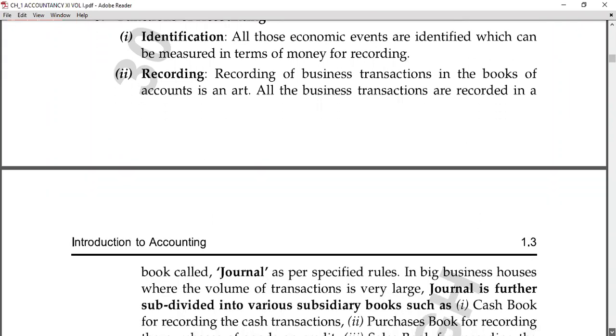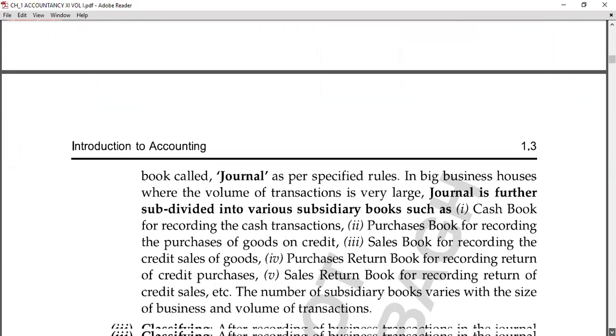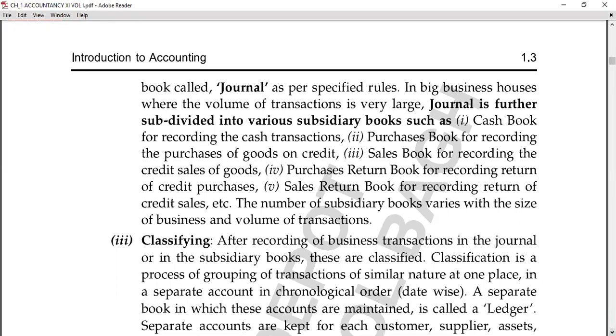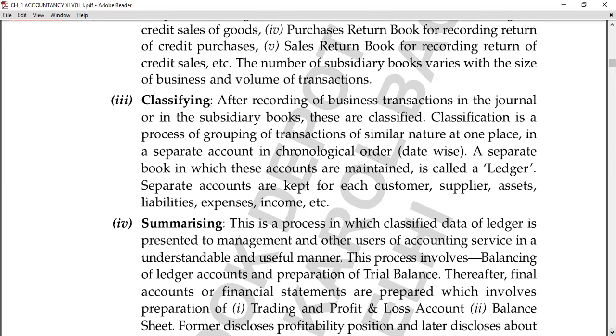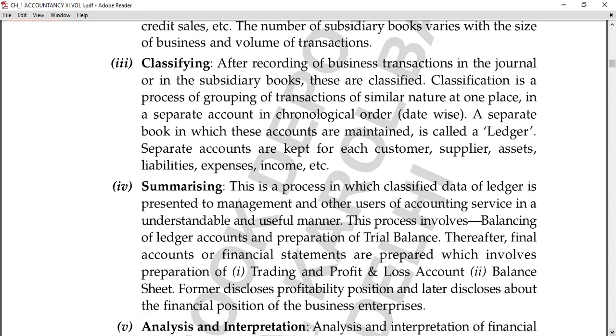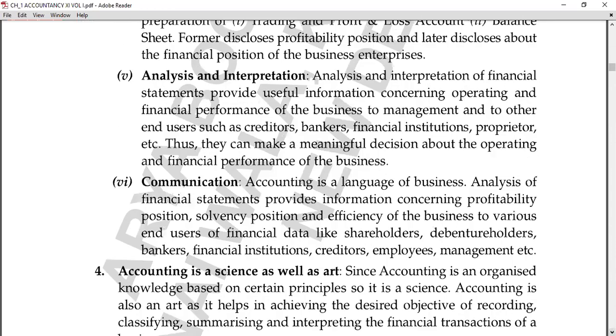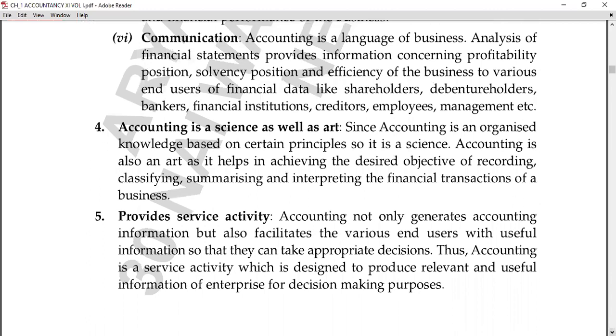Identification, recording, classification, summarizing, analysis and interpretation, and the communication. These all are the steps in the accounting process, as well as these all same are known as the functions of accounting. Clear? इसके बाद में आता है हमारे पास में अकाउंटिंग इज अ साइंस एज वेल एज एन आर्ट.